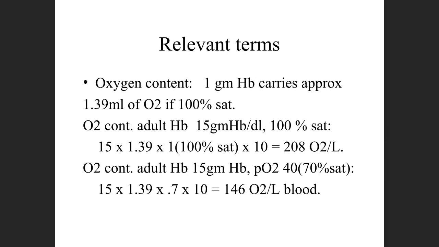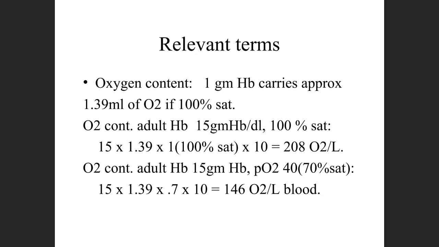So an adult with a hemoglobin of 15 grams at 100% saturation would have an oxygen content of 208 mils of oxygen per liter of blood. Notice in the calculation that we multiply by 10 because this result is expressed per liter of blood, not per deciliter.